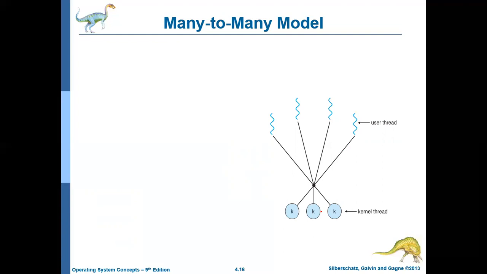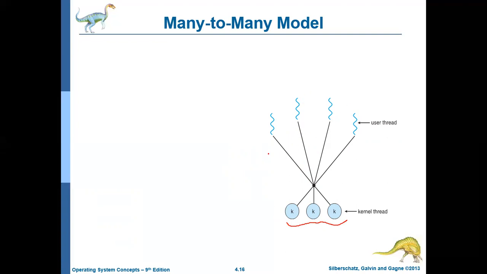So the many-to-many model takes the advantages from the many-to-one model and from the one-to-one model. Here, the number of kernel threads that you create is also under your control, because you can connect more than one user thread to a single kernel thread depending on the resource availability, and also you can create any number of user threads.